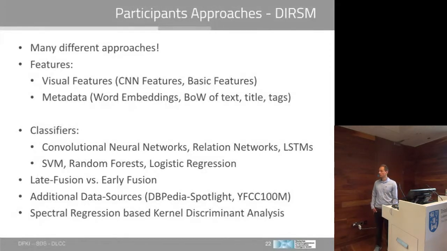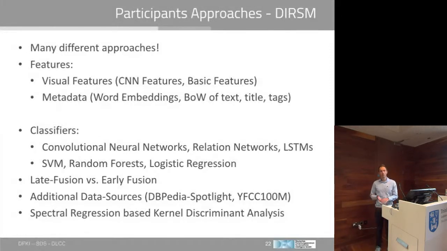And we also see different classifiers which have been used. Some mainly focus on deep learning, on CNNs, relation networks, also LSTMs for the language part, and from traditional machine learning, random forest, SVMs, and logistic regression.